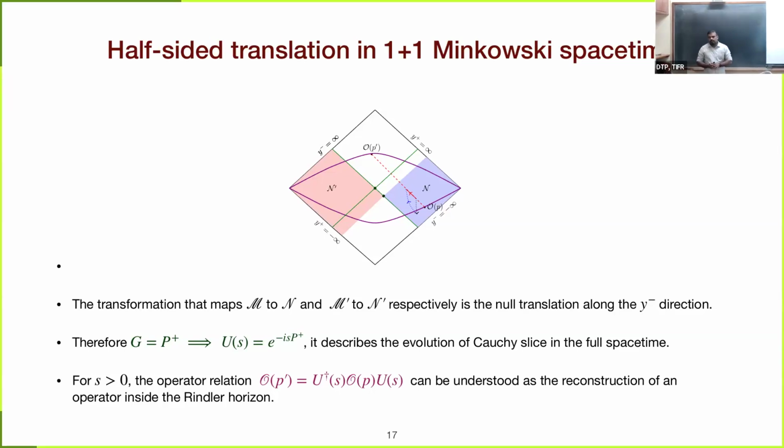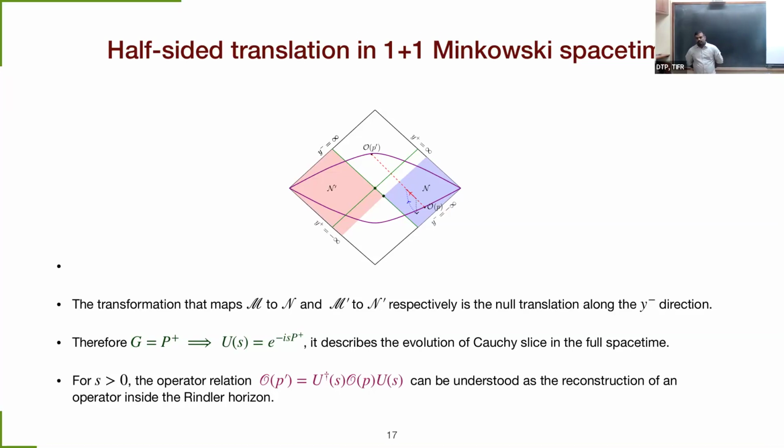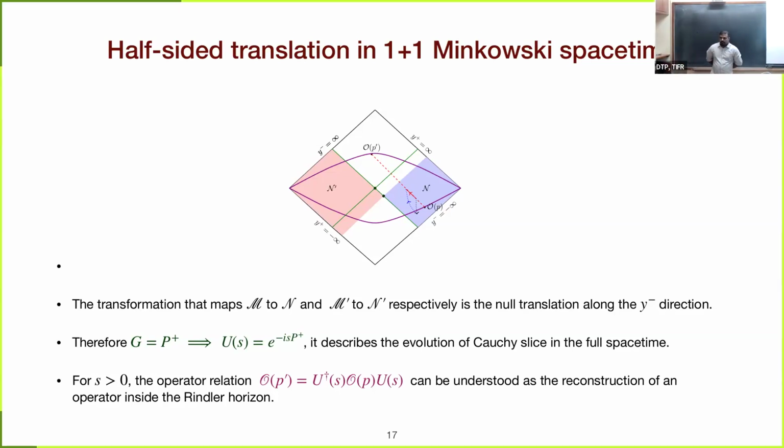So if you know the density matrix of N, that's the blue region you know. If you know the density matrix of N prime, you know the pink region. Completely. And if you know the density matrix of M and M prime, similarly you will know those regions, but none of that has the black hole in it, right? Yeah. But somehow still, the black hole interior is contained, because any operator at that high can also.